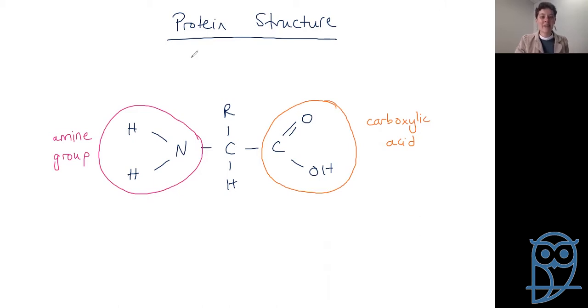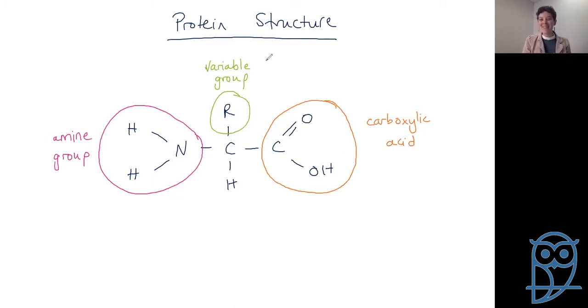So last one, H is a hydrogen, straightforward and simple. It's not going to do anything weird. The weird one is this R. Now the R stands in for a variable group. It could be as small as an H, or it could be big and complicated with a whole ring structure going on.